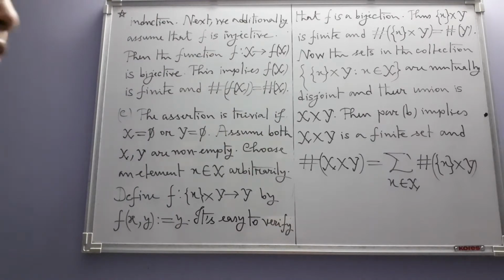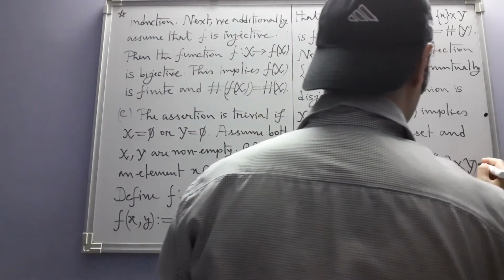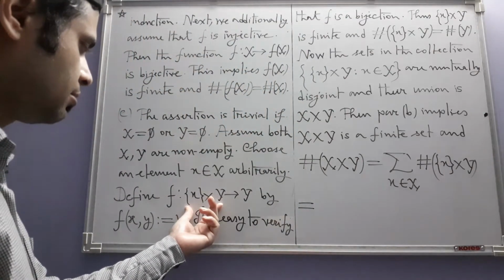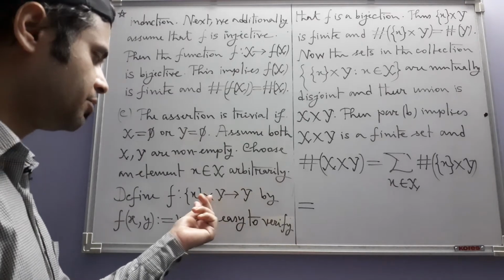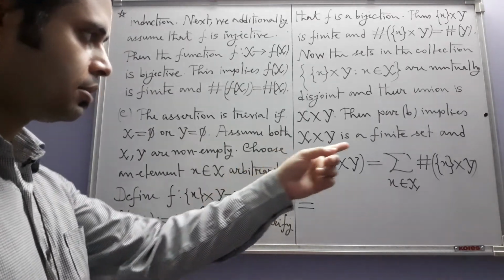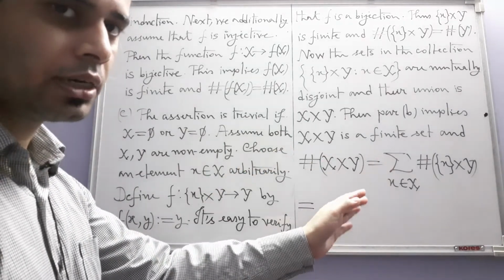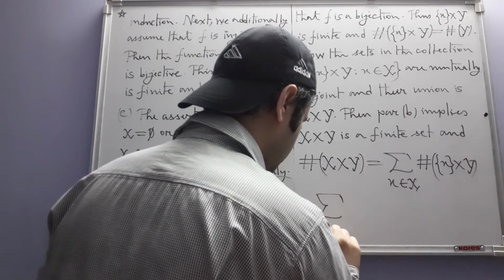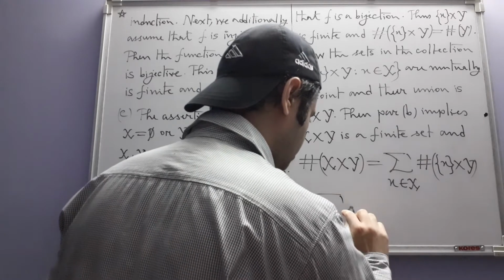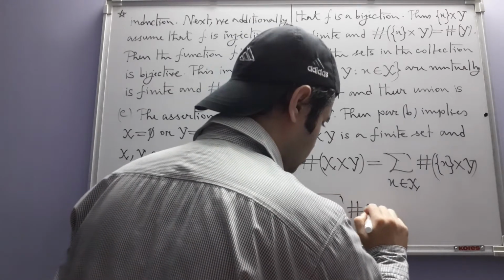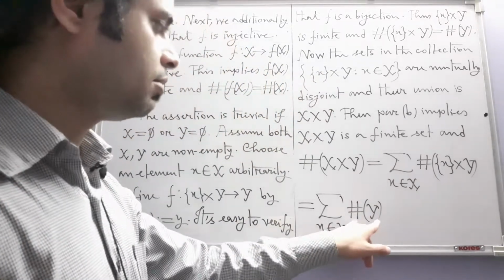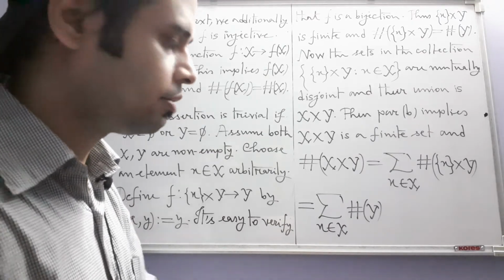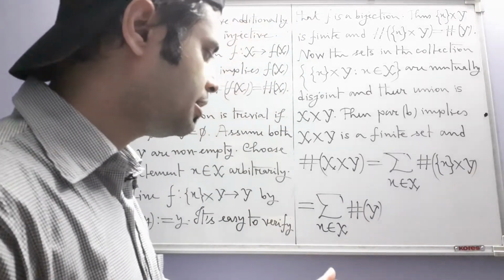Now we can calculate this sum. Since each such set has a bijection between it and y, the cardinality of such a set will be equal to the cardinality of y. So this is a sum where we have cardinality of y plus cardinality of y plus cardinality of y, and it goes like that. How many times?